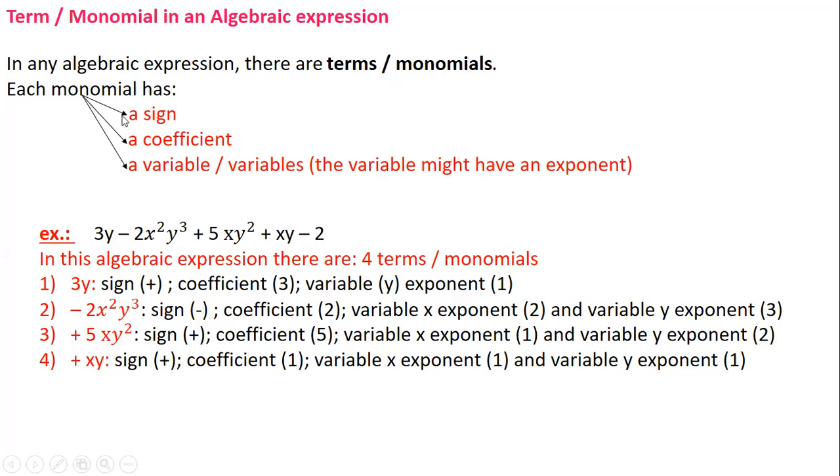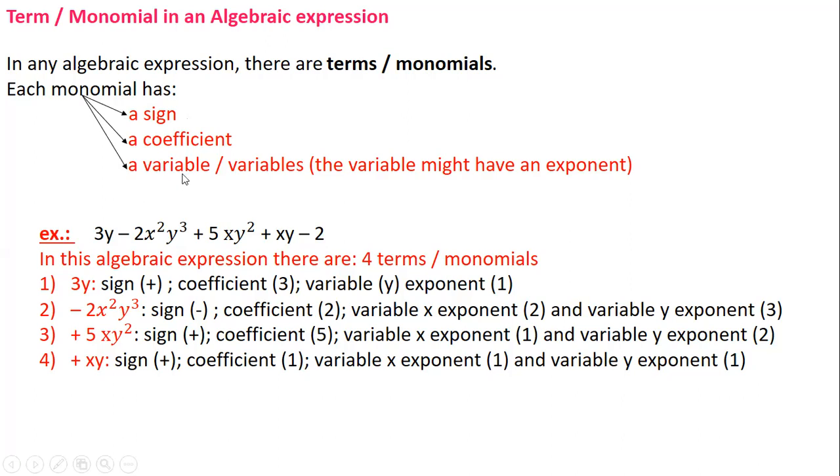When we talk about a sign, the sign of a monomial or a term might be positive or negative. When we talk about a coefficient, the coefficient is a number, 2, 3, it might be a fraction, 1 over 2, 3 over 5, it might be a decimal number, 1.3, 2.7.